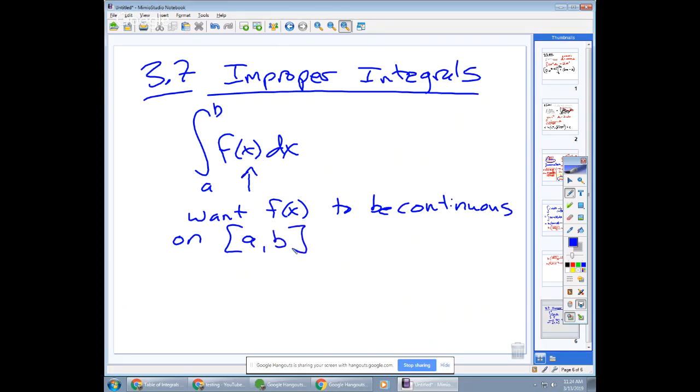And guess what a and b are? Numbers. They're numbers, yeah. A and b are real numbers. It turns out you can integrate with imaginary numbers, but it's a little wild. So that comes up in a course called complex analysis, if you ever take that. And the only people that really take that are people that want to major in math.